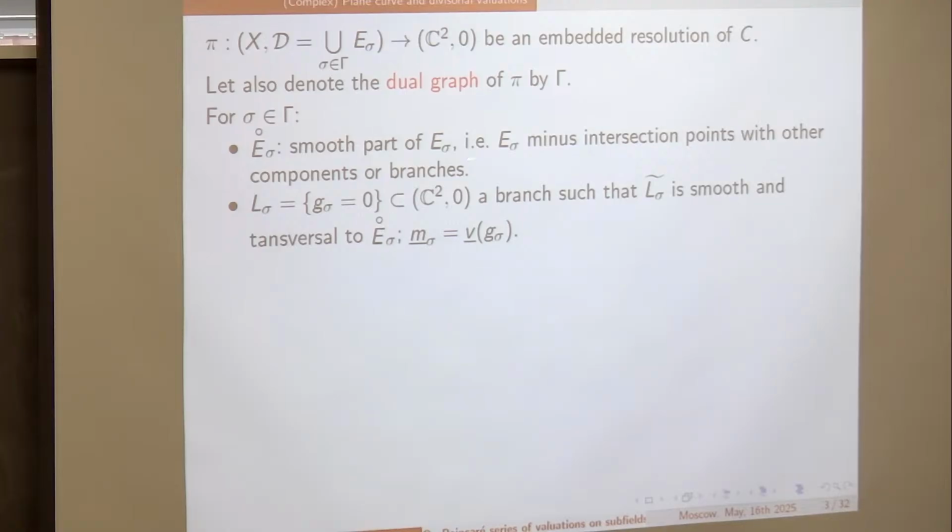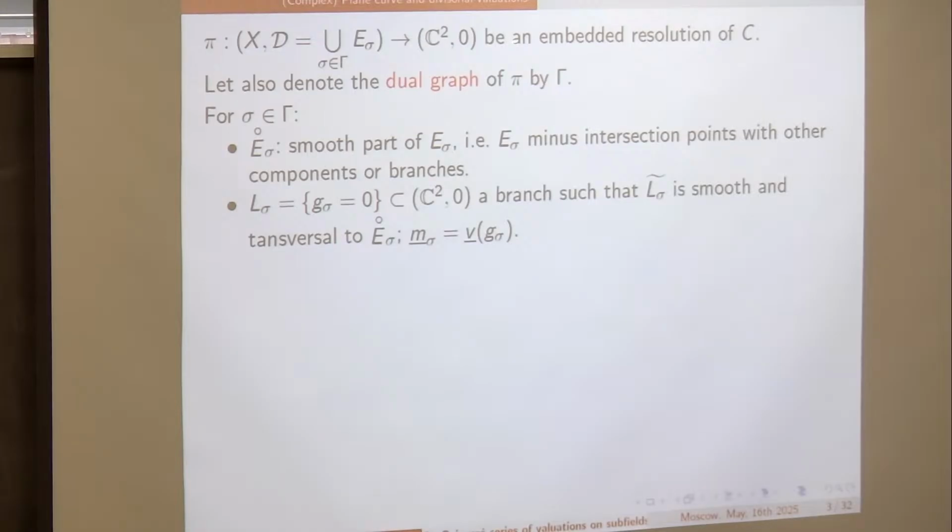So if you take some embedded resolution of the curve, the dual figure of the total transform of the curve gives you the dual graph, which is probably the main item of this talk, because it is the way in which one can understand things. For each divisor, we take the smooth part of this component, that means you remove all the intersection points with other components.